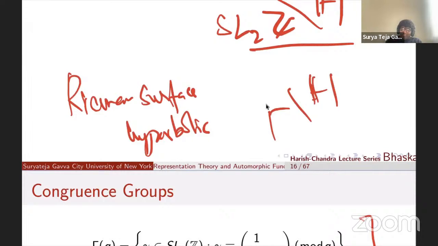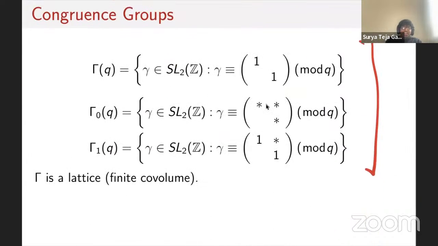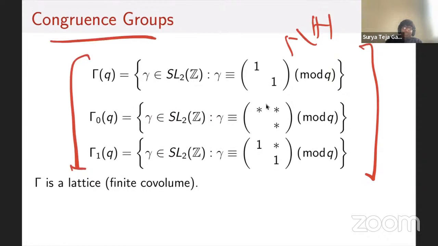And if it's a compact surface, or if the surface is nice enough, gamma will be such a nice discrete subgroup. So you can study any discrete subgroup so that H mod gamma is a finite volume. But if you're a number theorist, you're interested in specific subgroups of SL2(Z) which also have finite co-volume.